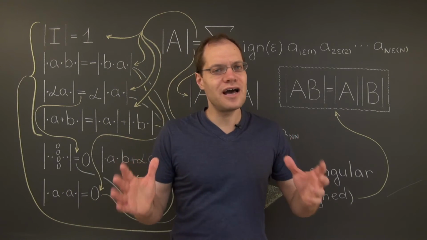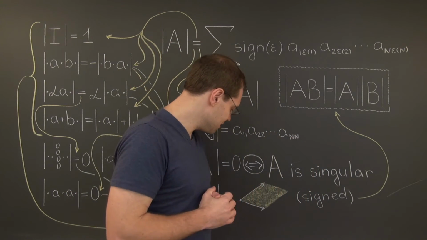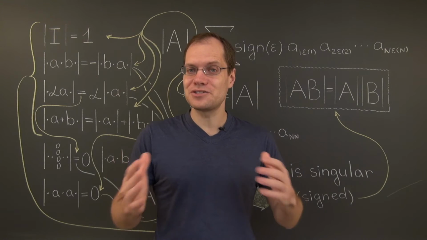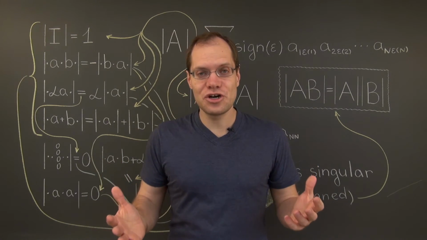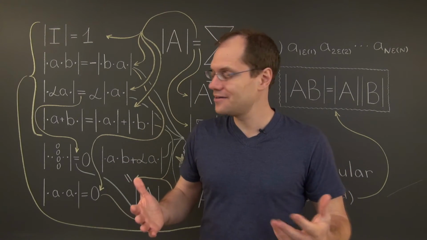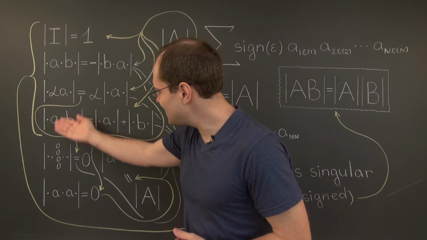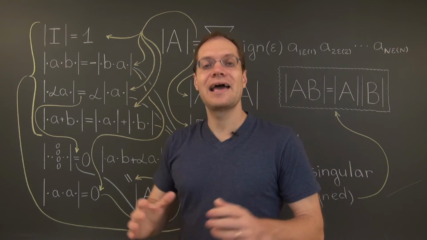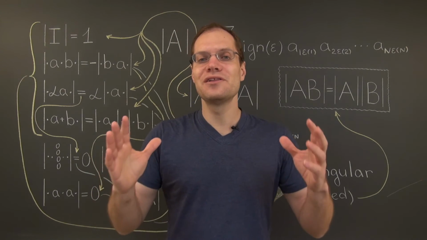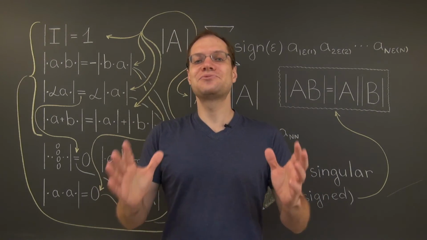So that will not be too complicated, but it will require a little bit of geometric work. And once we show that, we'll conclude that the signed area satisfies these 4 properties, and it must therefore equal the determinant. So let's recap.